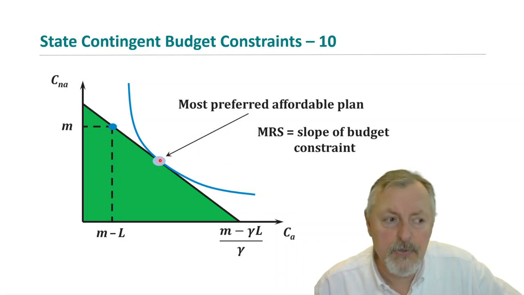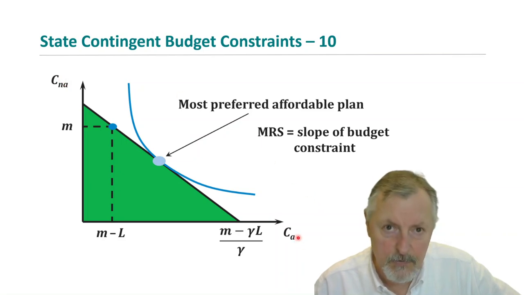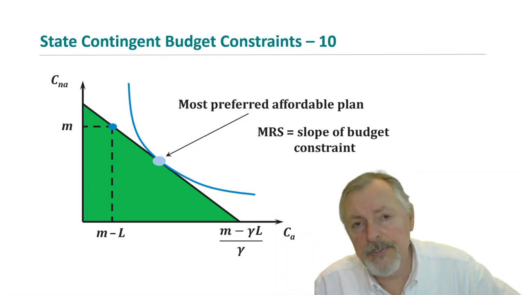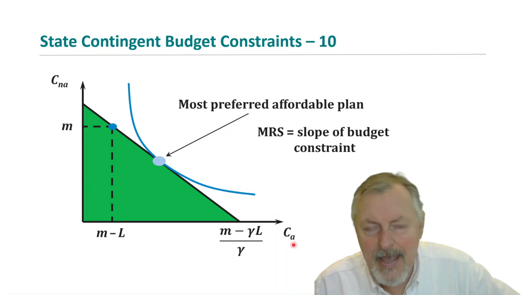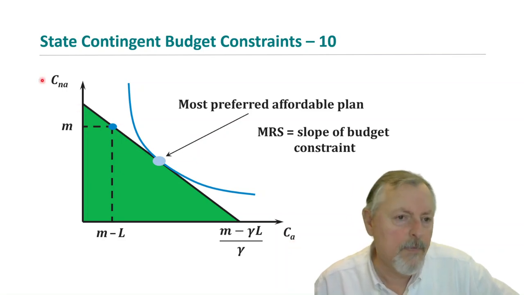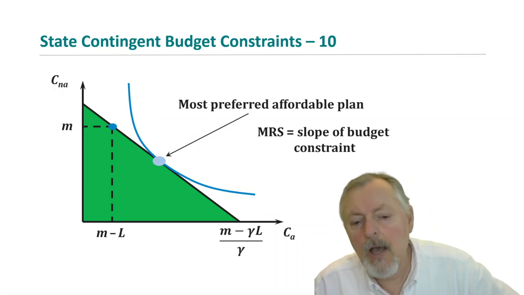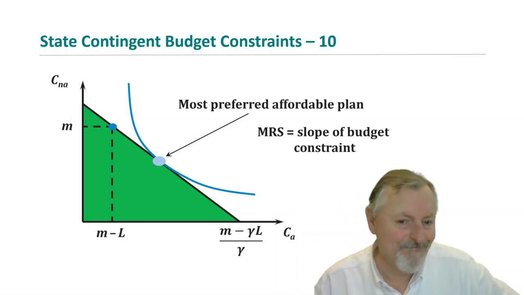You find the preferred consumption bundle between contingent consumption, the same way as you did with apples and oranges. We just call them different things. This is CA, not X1. This is CNA, not X2. Other than that, the same analysis principles work. I will show you a worked out example in the next video. Thank you for watching.